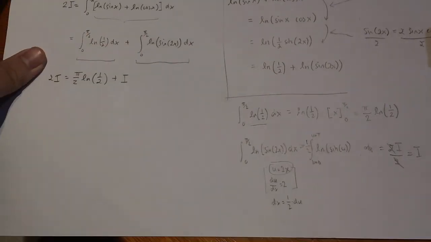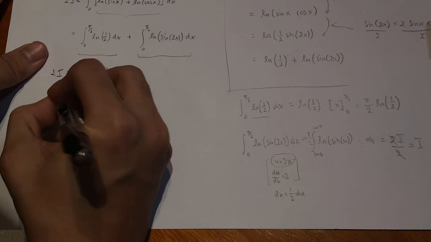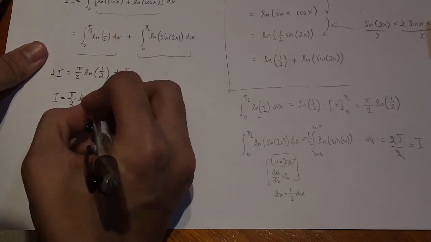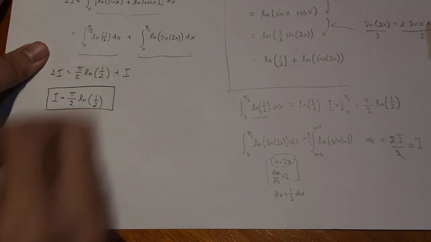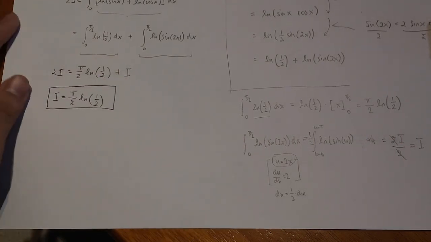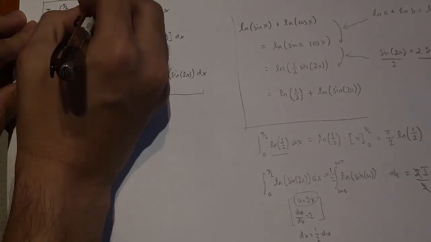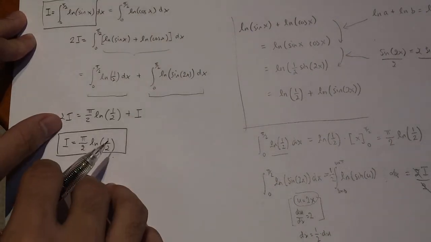And so you could rearrange everything, and all you get is I equals pi over 2 times natural log of a half, which is the answer that we are looking for, for the integral up there. So this is the integral that we worked out, and this is the answer.